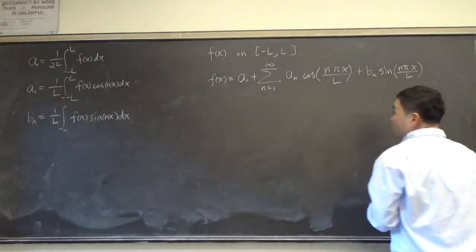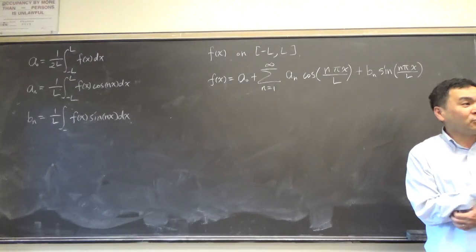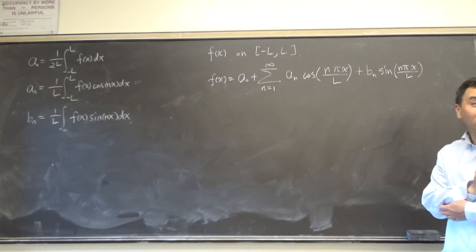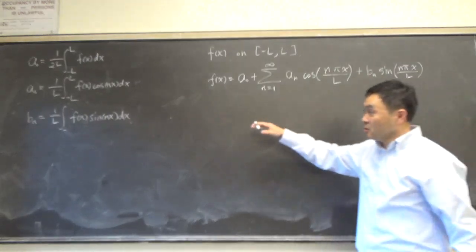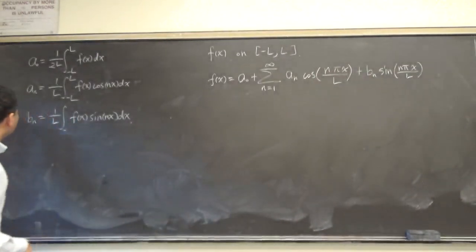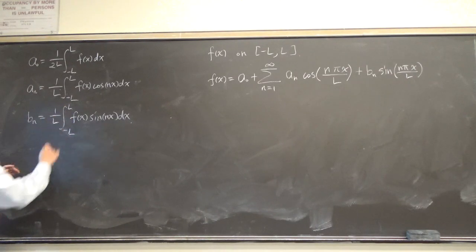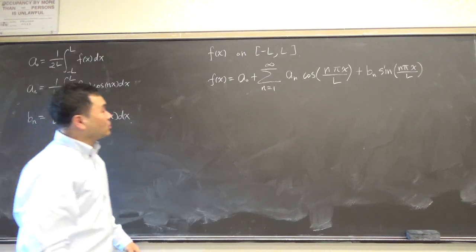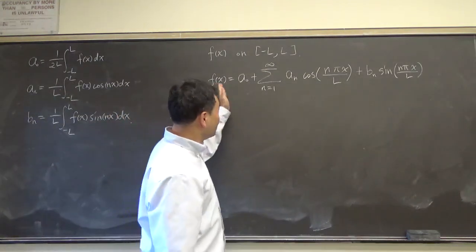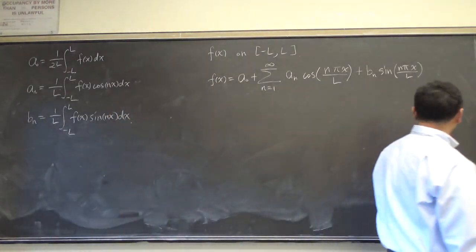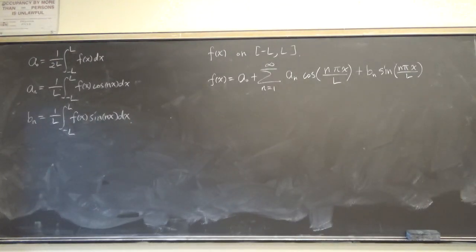So that's the formula for the Fourier series on negative L to L. This you can write. The formulas for getting a0, an, bn will be these, and once you get it, then you can write down your series this way.